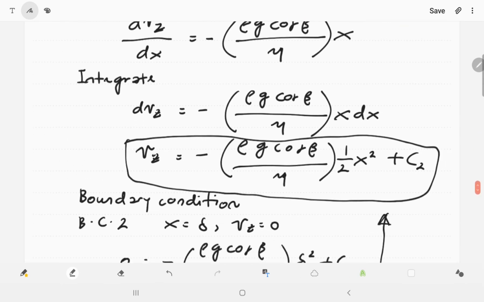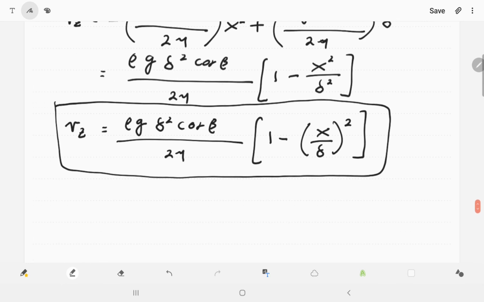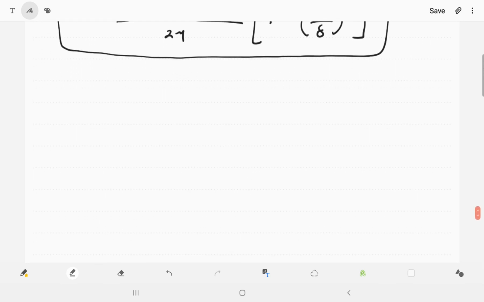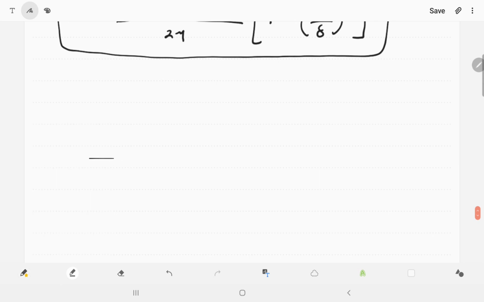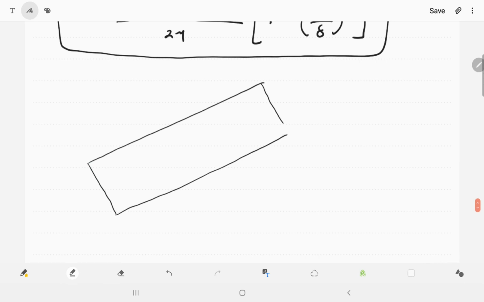So then we can redraw our system again. If we draw our system again, let's just draw it approximately like this, where this particular thing in here is basically the solid. Then we have this angle beta.